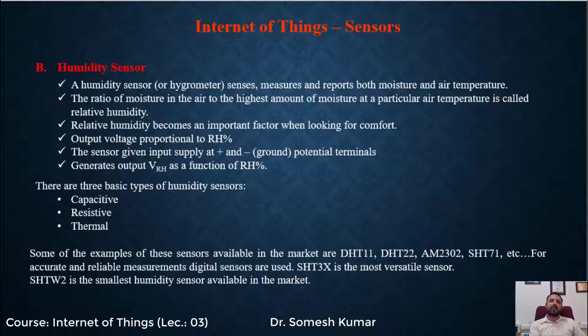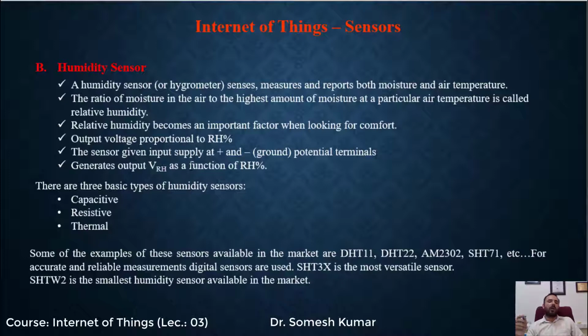Fine. So the humidity sensors also have an input supply at positive, and there are two terminals, positive and ground. Fine. And it will give the output in the form of VRH. VRH means the relative humidity. Humidity sensors work on three types of electrical characteristics: one is capacitive, second is resistive, third is thermal.